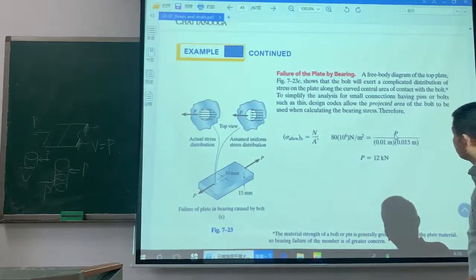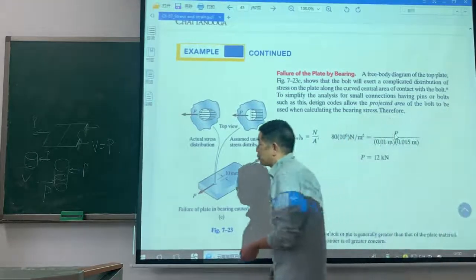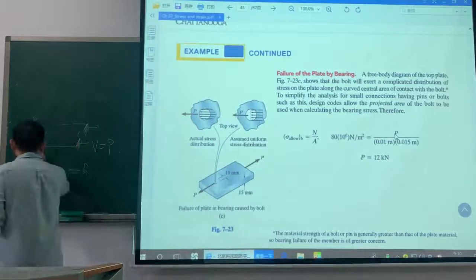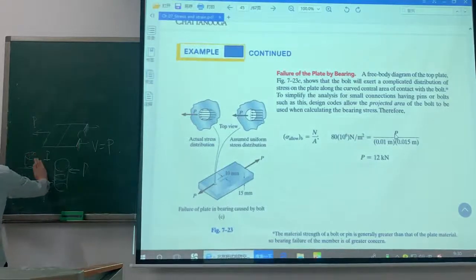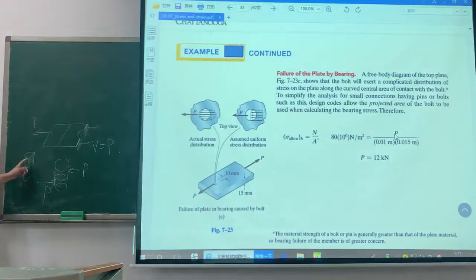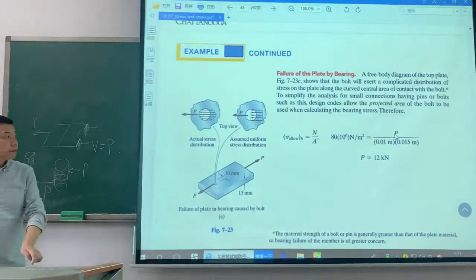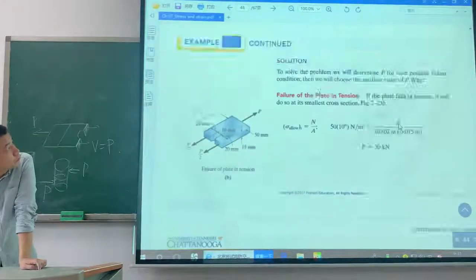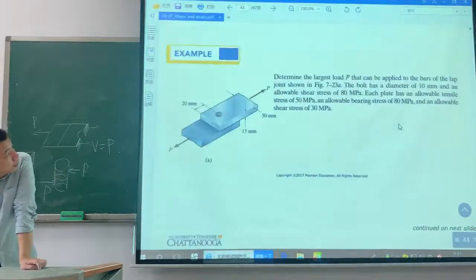Bearing first. The area is this one. For bearing stress, this is the bearing surface. Look at it.